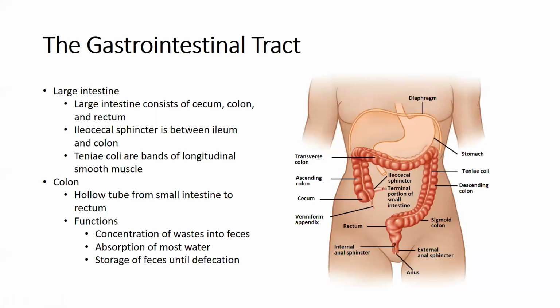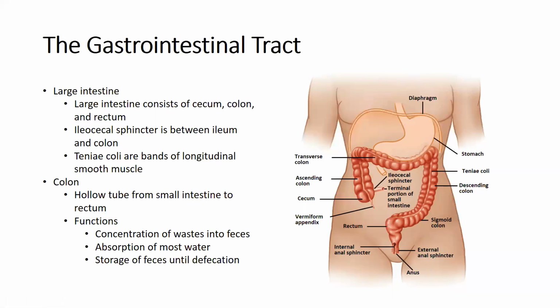The main functions of the colon are concentration of waste into feces and reabsorption of water. Right? Those are the two main jobs of the colon. The solidification, the condensation, the concentration of the waste products that we don't need, or that can't be absorbed any further, is removed as waste.